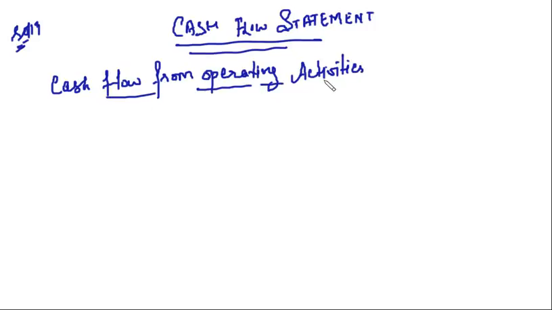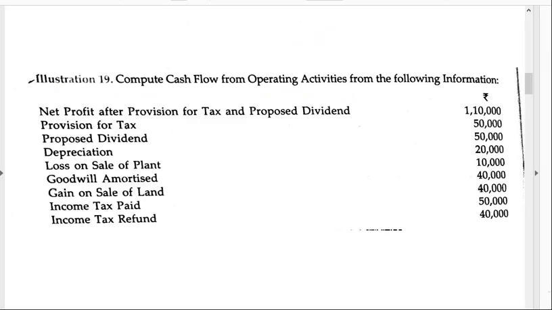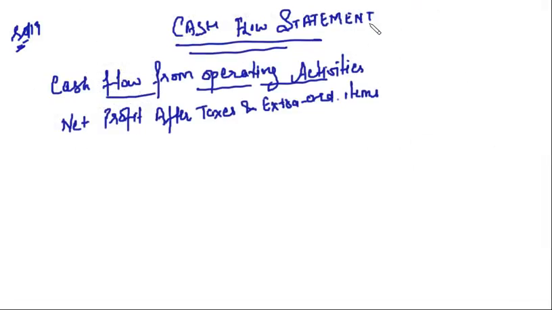Clear? Now what we are given is net profit after taxes and extraordinary items. Clear? How much is the amount of net profit? It is 1,10,000.